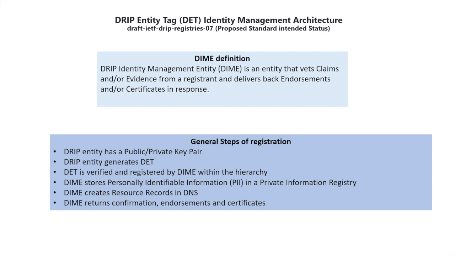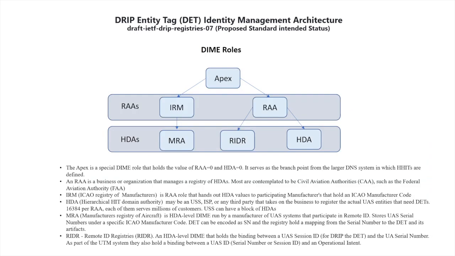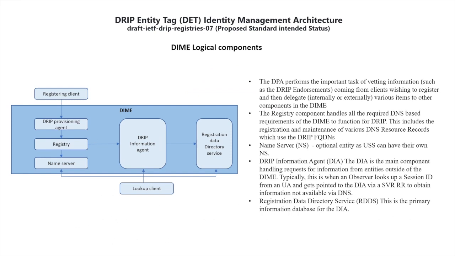Any personally identifiable information is stored in a private information registry. In response, the entity will obtain an endorsement from the registry. The DIMEs can be classified to serve several different roles, shown on this slide. The next slide shows the DIME logical components and their descriptions.